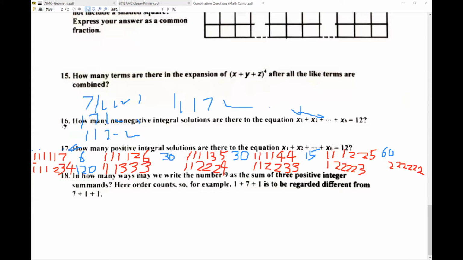Do you understand this one? If you don't know, don't worry, just tell me. I show you all the 6 different combinations here. No problem.